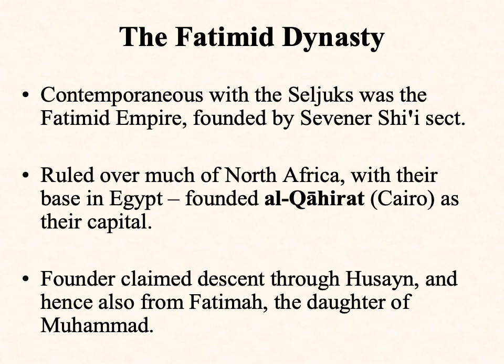They started in North Africa, eventually brought Egypt under their control, which they then made the center of their empire, founding a new capital, El-Qahra, known in English as Cairo. So they were Seveners. They claimed descent through Hussein, but also from Fatima. They really emphasized their relationship to her, and hence the name the Fatimid dynasty, right? Named after the daughter of Muhammad.